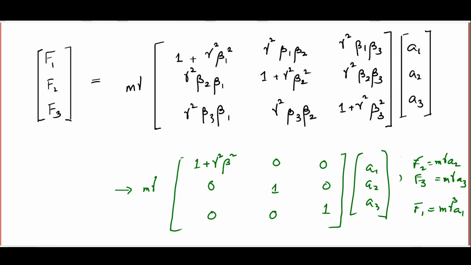However, we cannot usually use this special coordinate system all the time simply because the direction of the velocity might keep on changing as the particle moves, and so unless we are ready to switch coordinate system every time the particle changes direction, we will have to use the full-fledged mass tensor. And in order to find out the acceleration, we would actually have to invert this relationship.